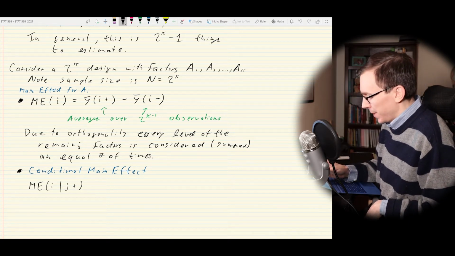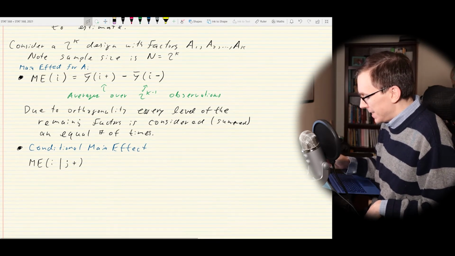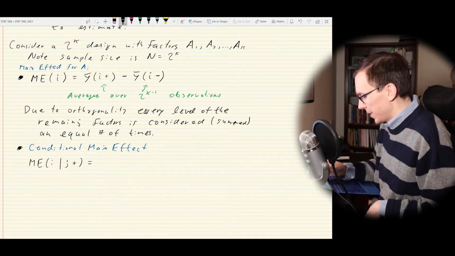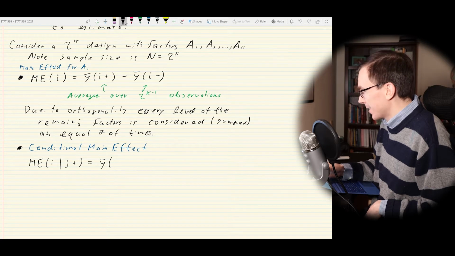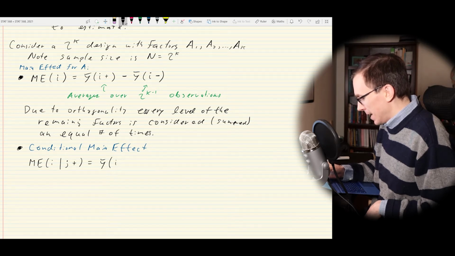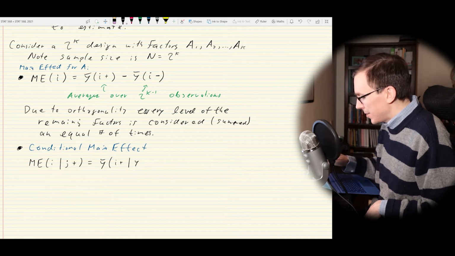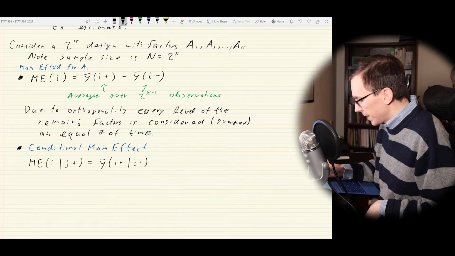In this case, we're just going to set j to have the value plus. So notationally, I can write this out as y bar I plus given j plus minus y bar I minus given j plus.